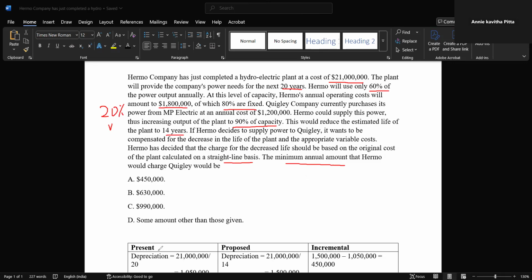So there will be an impact on the amount of depreciation that would be charged. That's one thing. The second one is that operating cost also would change. That we will look into after we consider the depreciation calculation. So let's look into this. I just tabulated this data.